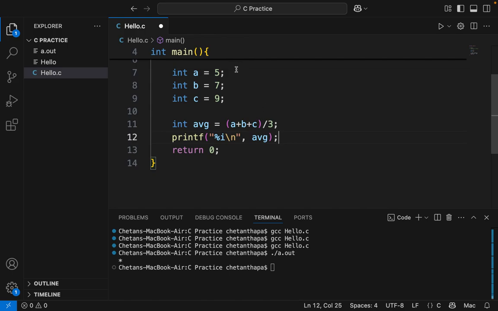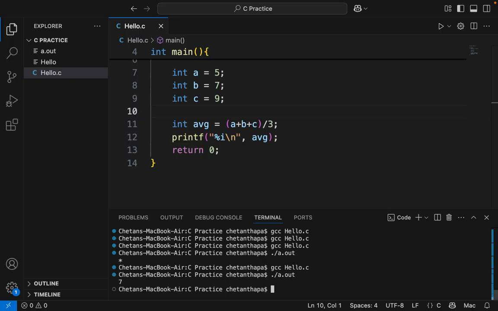So let's verify it. Let's print and check the answer. 21 divided by 3 is 7. Okay, now we got the right answer.